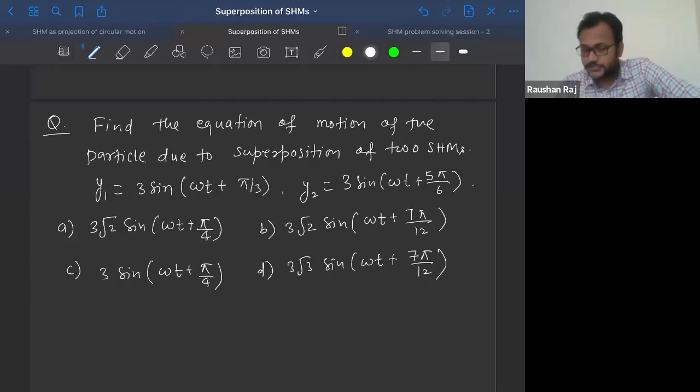I'm getting options A and B. Most of you are saying option A and B. It's a kind of fight going on between option A and B. Guys, first find the amplitude, then find the angle alpha. Aishwarya, please try to solve it. Please use your pen and notebook.